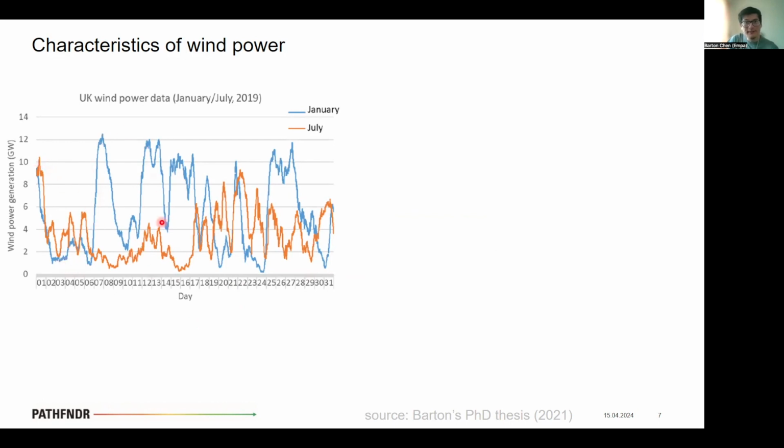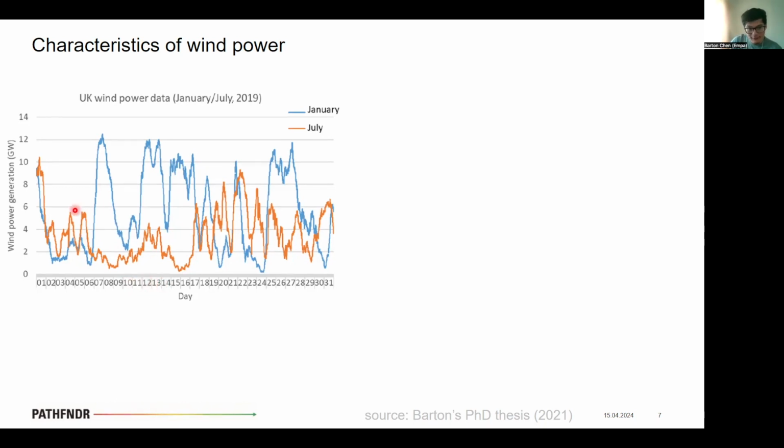The blue one is the curve in winter, and the orange one is the curve in summer. Even though the UK is considered a windy place in winter, you can still have 3 or 5 continuous days with comparatively low wind generation, and then the next 2 or 3 days can have pretty high wind generation. That is the typical pattern you might see from wind power.